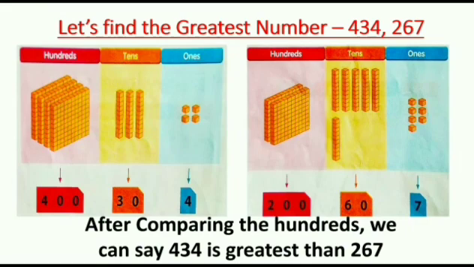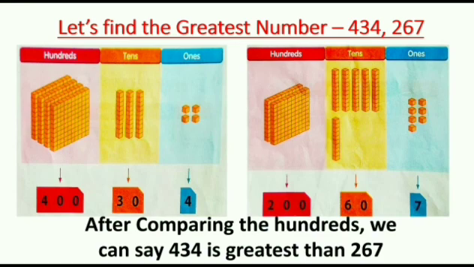We will first compare the hundreds place because this is the largest place in 3 digit numbers. We will not compare tens first. 400 and 200, it is clearly visible that 400 is greater than 200. So we will not compare tens and ones because 400 and 200 has given the answer. After comparing the hundreds, we can say 434 is greater than 267.